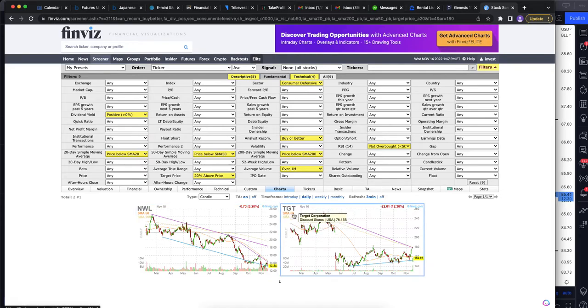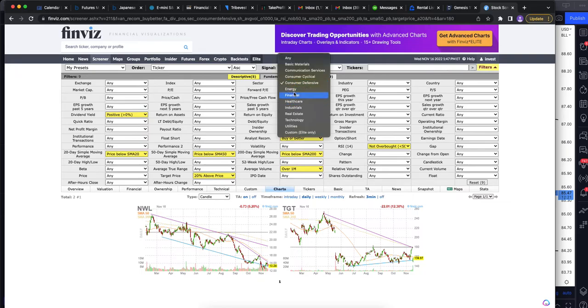What is that? Target. So Target, as you can see, meets all of our criteria. Again, this is not an ETF, but it is in this sector. So if you look at all these different sectors and you see, I'm looking at one sector and I got 2 pages of stocks, then you should probably just go to ETF.com and find the ETF that correlates to that sector, and see if that specific sector meets these criteria as well.